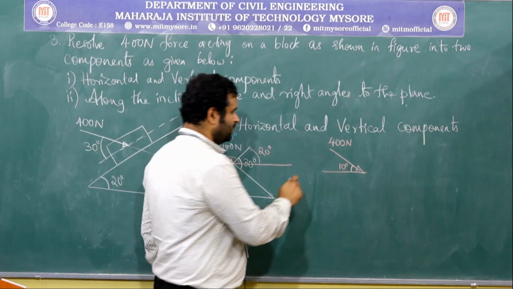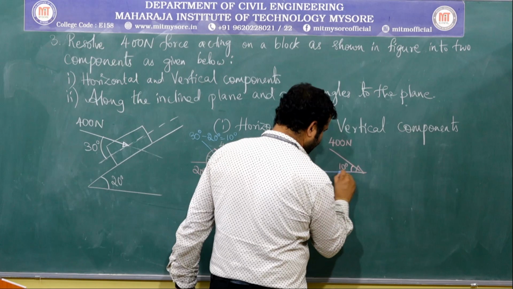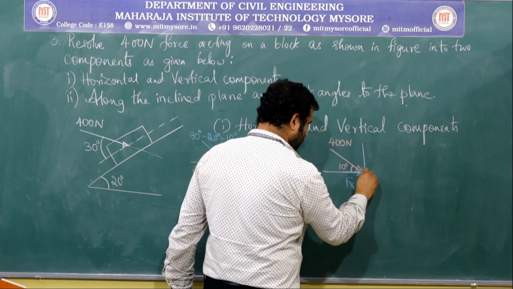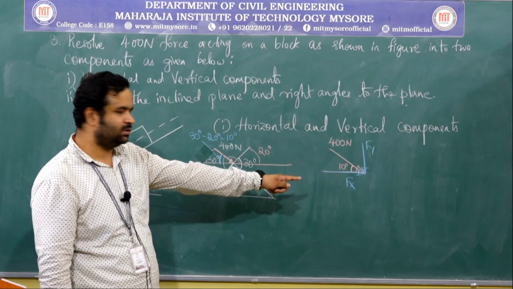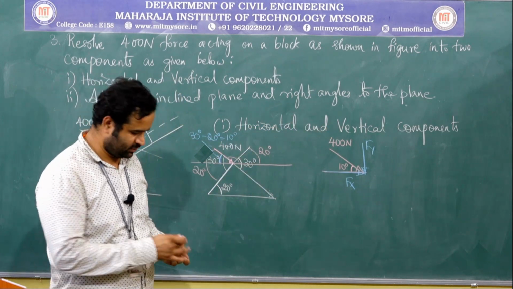Now if you try to resolve this, you can resolve this as Fx and this as Fy. This becomes the horizontal and vertical component of 400 Newton force.